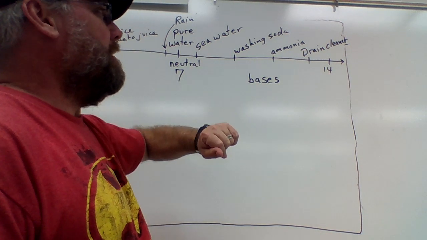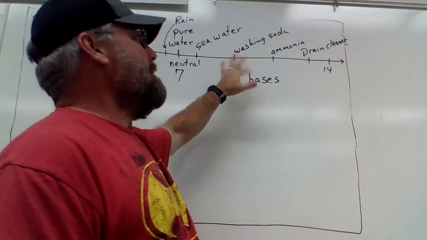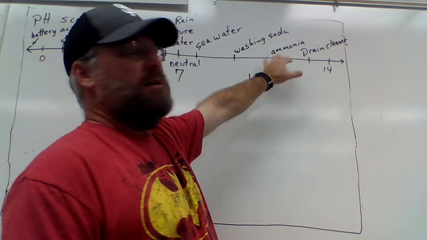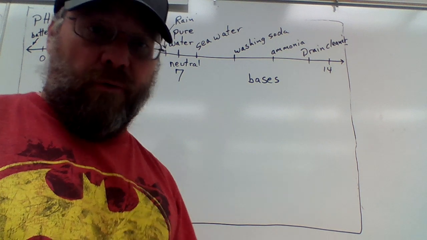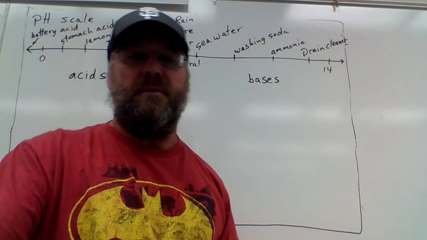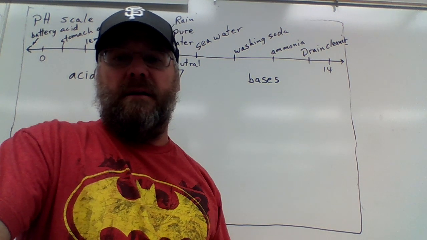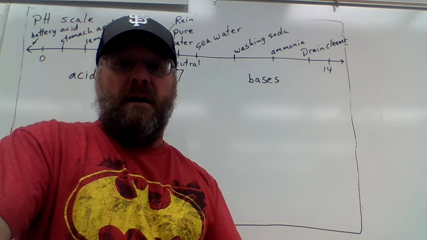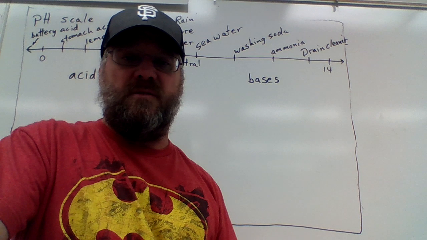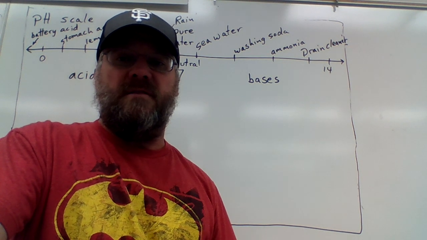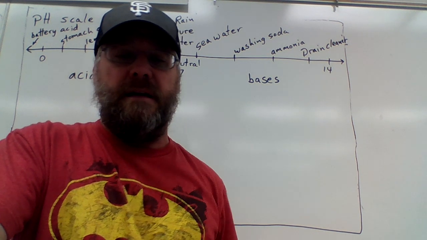Then we get to something called washing soda, maybe around a 9. Ammonia is around a 10 or 11. And then you get to your drain cleaner, your Drano, plumber's helper, all those kind of things. That's about a 13 or a 14. Very good at dissolving hair. That is why we put that drain cleaner in.